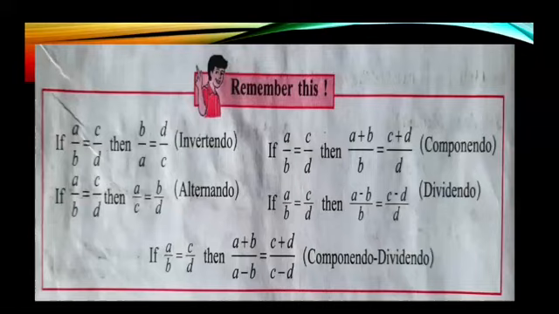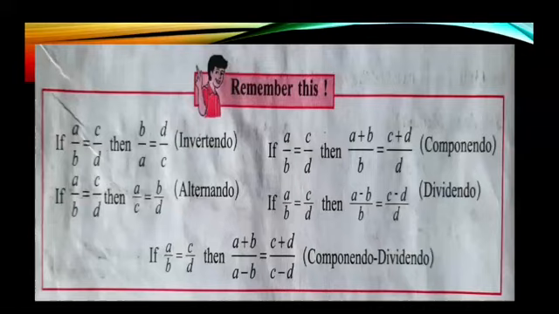If A upon B is equal to C upon D, then A plus B upon B is equal to C plus D upon D. That is componendo. Actually, we have added 1. Because of adding 1, we got these values. Now, dividendo, we are subtracting 1.